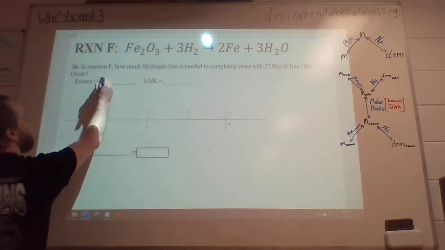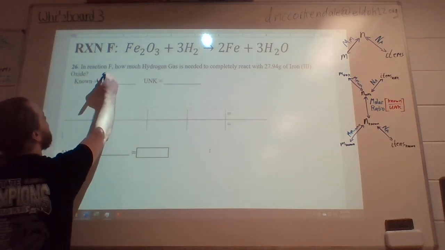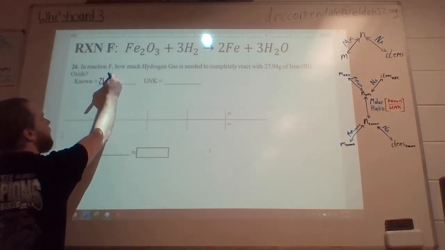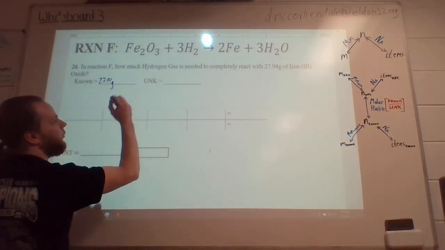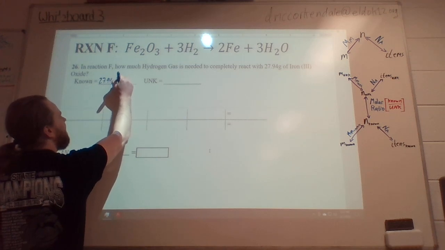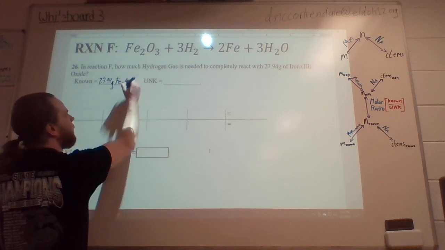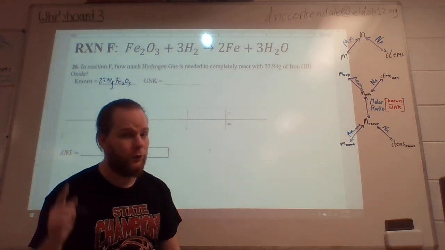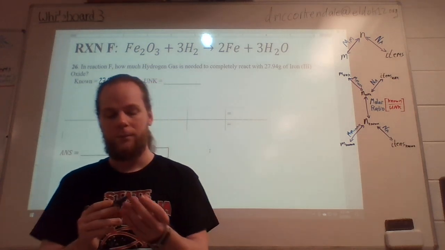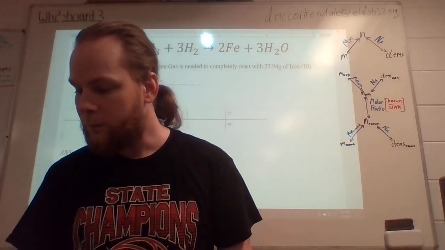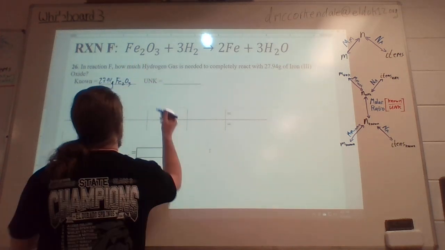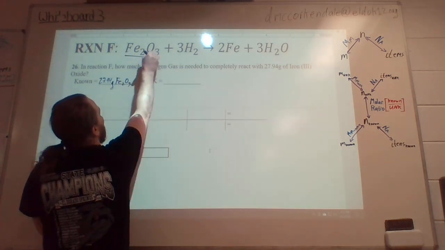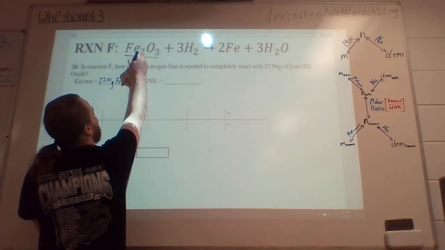So 27.93, that's a 4, not a 3, 27.94 grams of iron 3 oxide, which is going to be Fe2O3. Hopefully, by now, you should know how to get that formula. So our known is this right here. That is our known.